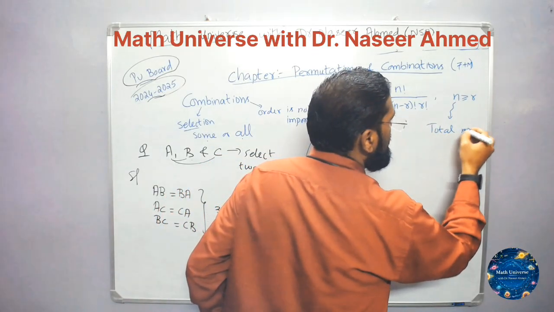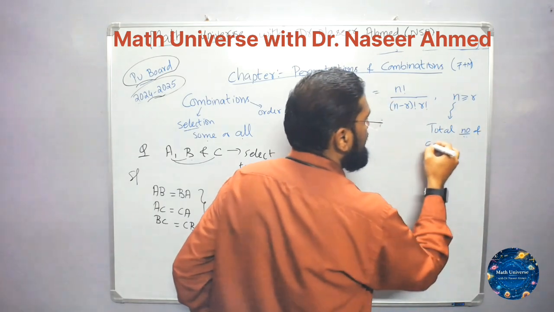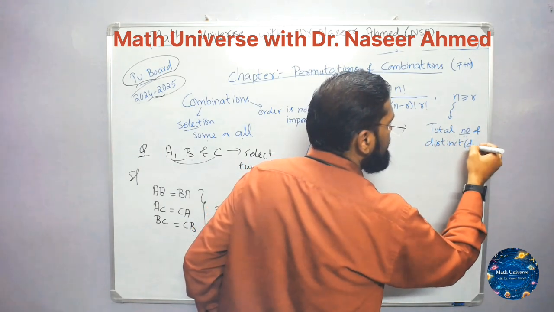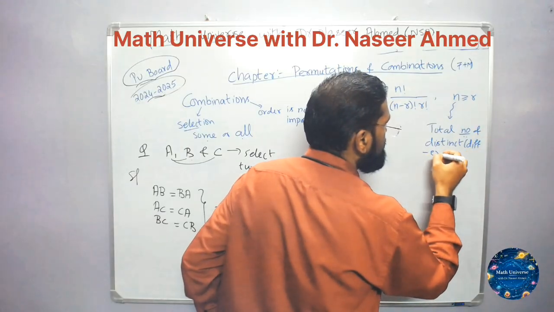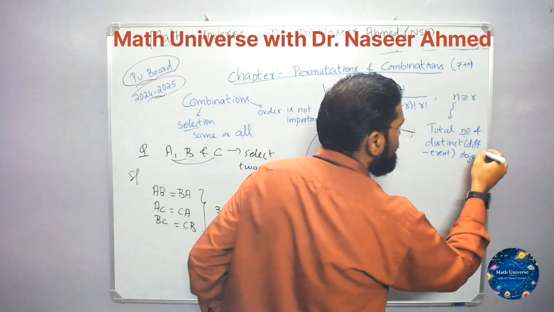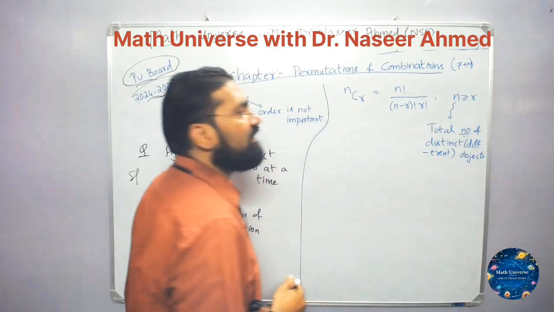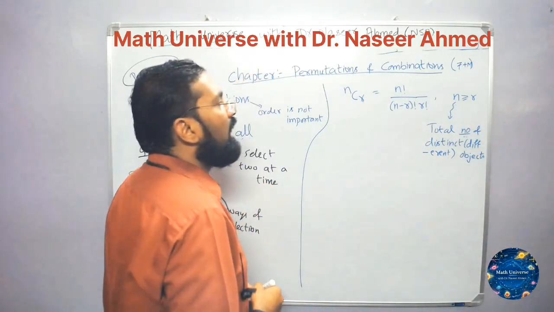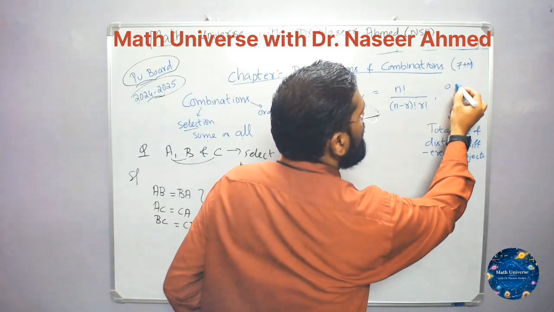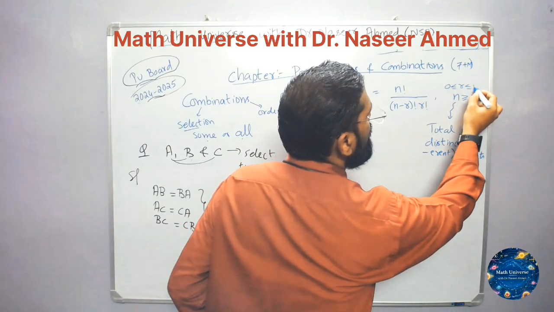Distinct means different objects, and r stands for how many objects we are taking into consideration. And this formula is also going to hold true for 0 less than or equal to r less than or equal to n.